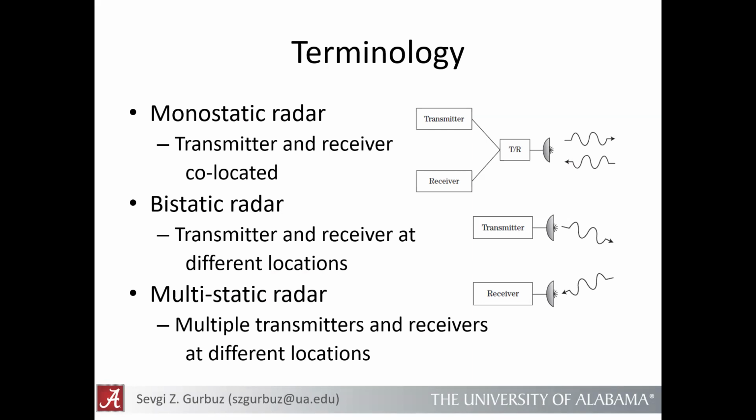Then there's the more general multi-static radar case, which is what you would have if you had multiple transmitters and multiple receivers that are all located in different locations. And sometimes this is also known as radar networks. Sometimes you have different topologies and architectures for this, depending on the type of radar you have at each node. But in general, the radar community will call this a multi-static radar.